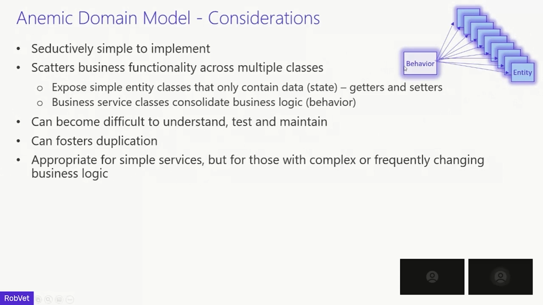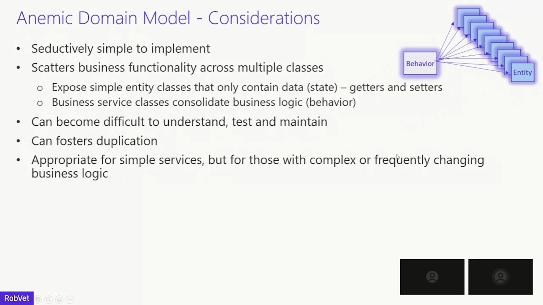The problem with this is over time, this particular model can become difficult to understand, difficult to test, difficult to maintain. Because if this is changing a lot, you're going to run into problems where it's harder to differentiate exactly what's going on here. And this often tends to foster duplication.